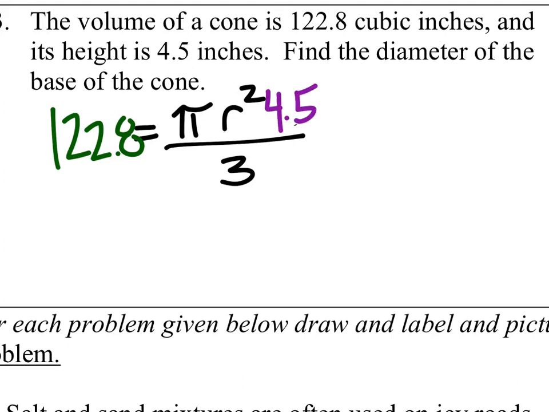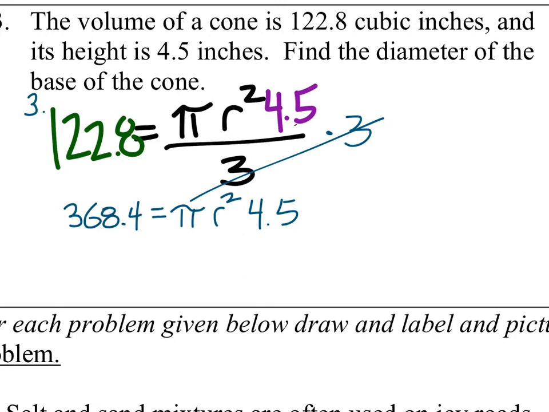Because I'm solving for the diameter, if I solve for the radius, I'll just multiply it by 2. First, I need to get rid of that 3, so I'm going to multiply both sides by 3. So 122.8 times 3, so that these 3's cancel out. I have pi times the radius squared times 4.5 equals 368.4, which would be the volume if that was a cylinder instead of a cone.